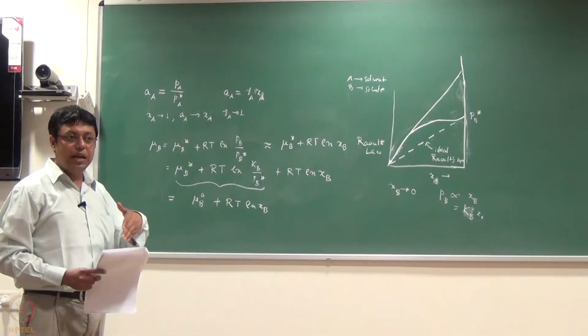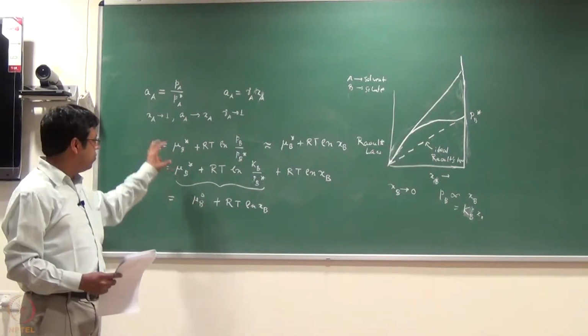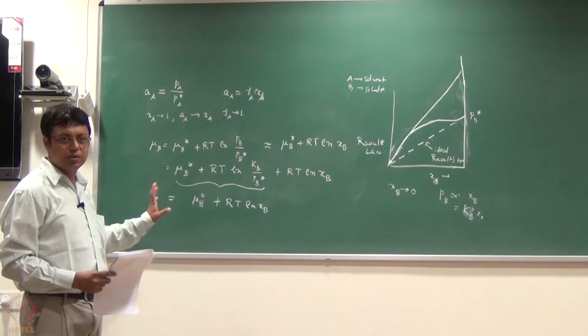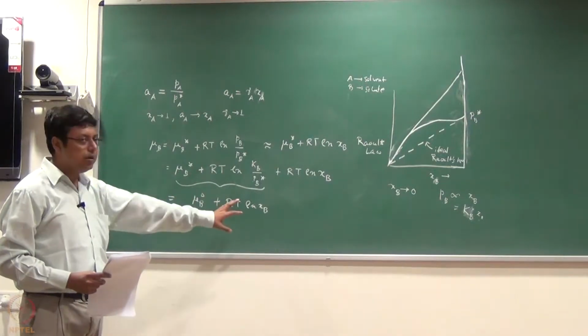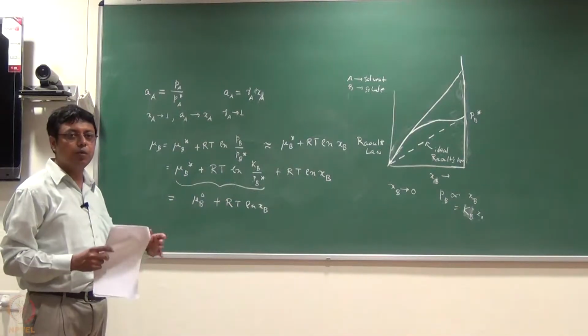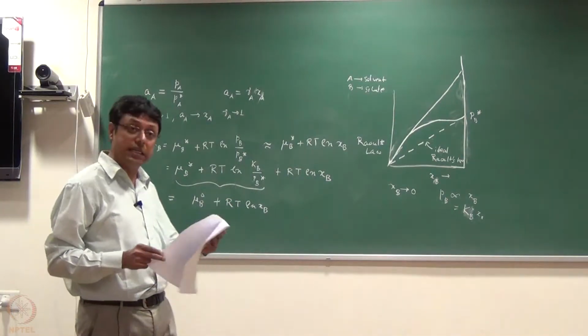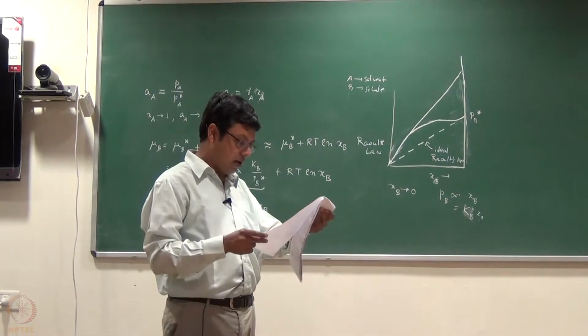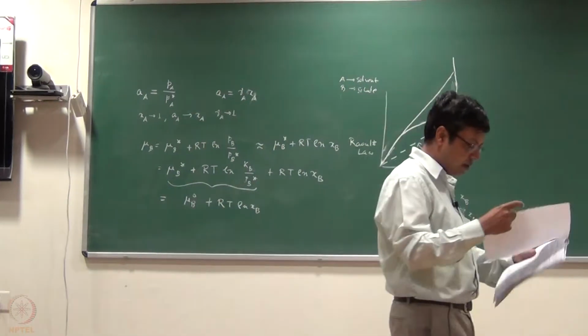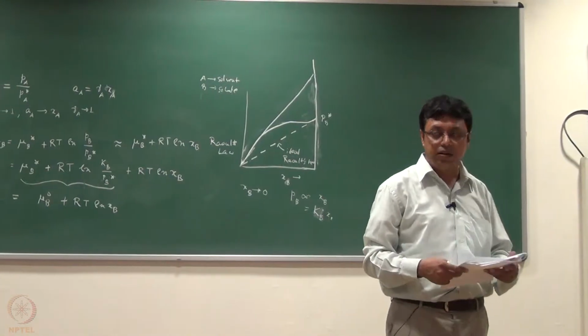Now, in practice, whenever people write for solids, people do not use this equation. Why? Because people usually try to avoid writing everything in terms of mole fraction, but rather they use molality. Now, you can write any equation in the sense that you can define the activity also from this.